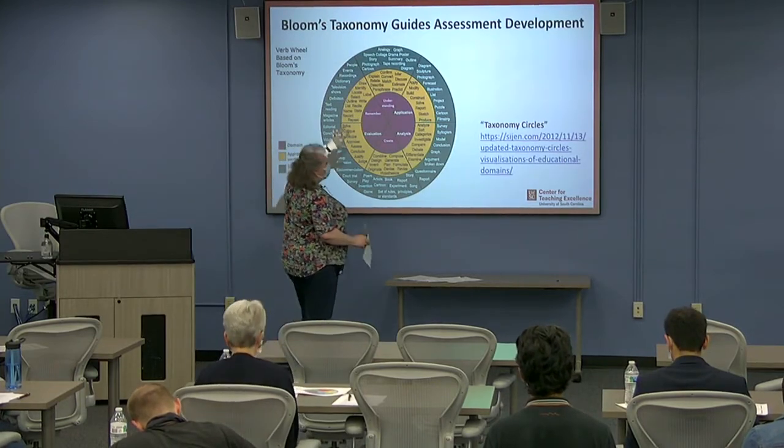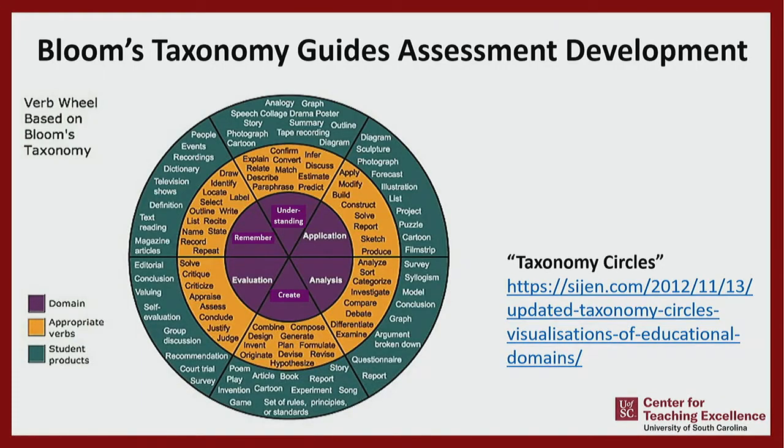So this is another way of looking at Bloom's. There's a researcher that uses what we call taxonomy circles, basically Bloom's taxonomy in a circle representation. What this shows you is the different levels of Bloom's are in purple, some examples of the verbs are in yellow, and in the teal are the assessments, the student products.